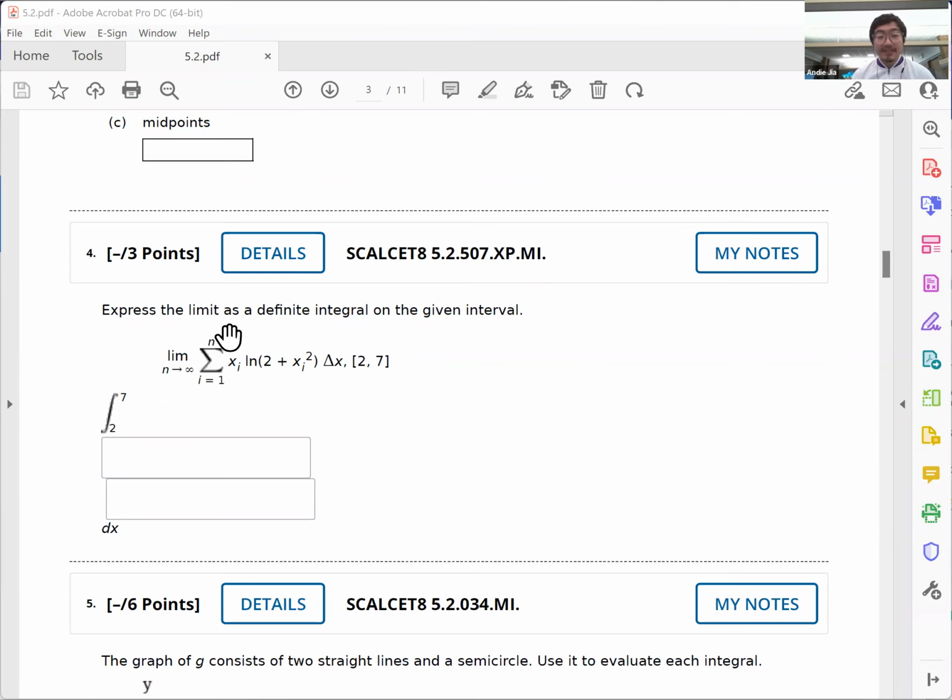We have the intervals given here. We have a delta x, and we have x_i times natural log of 2 plus x_i squared. How do we convert it? Just remove all the subscript i. So the function is x times natural log of 2 plus x squared. That is your function, and the dx is here.